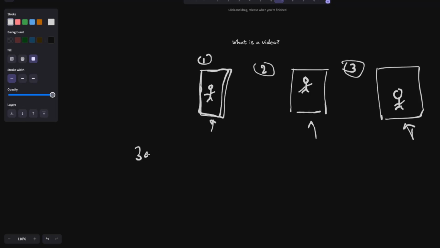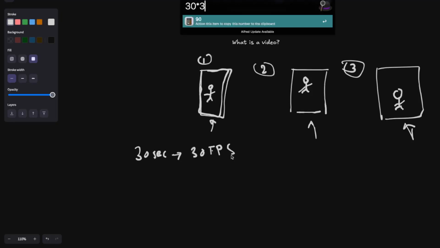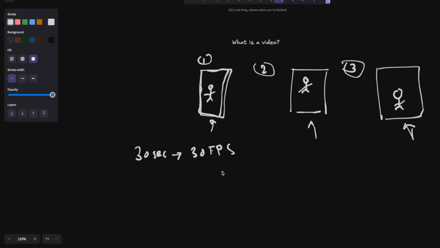So for a 30-second clip that has been recorded at, let's say, 30 FPS, this would mean 30 times 30, 900. So we essentially have 900 frames to work with.